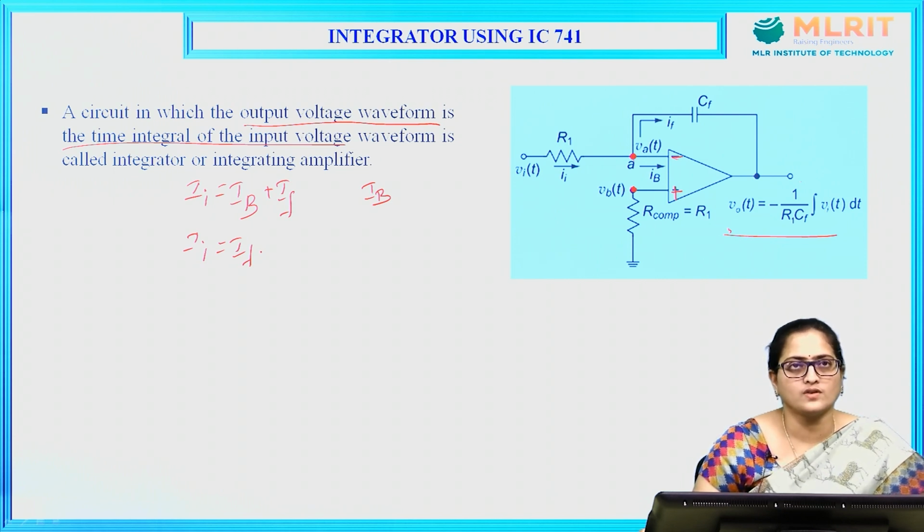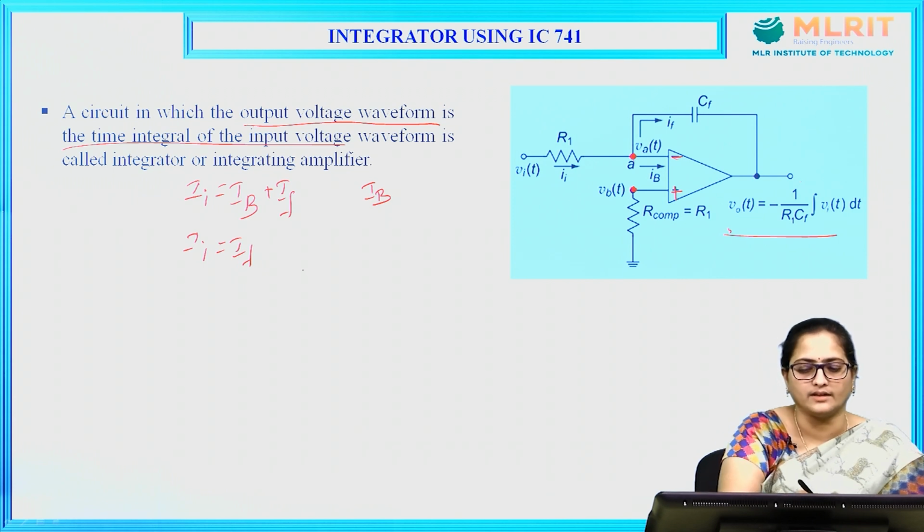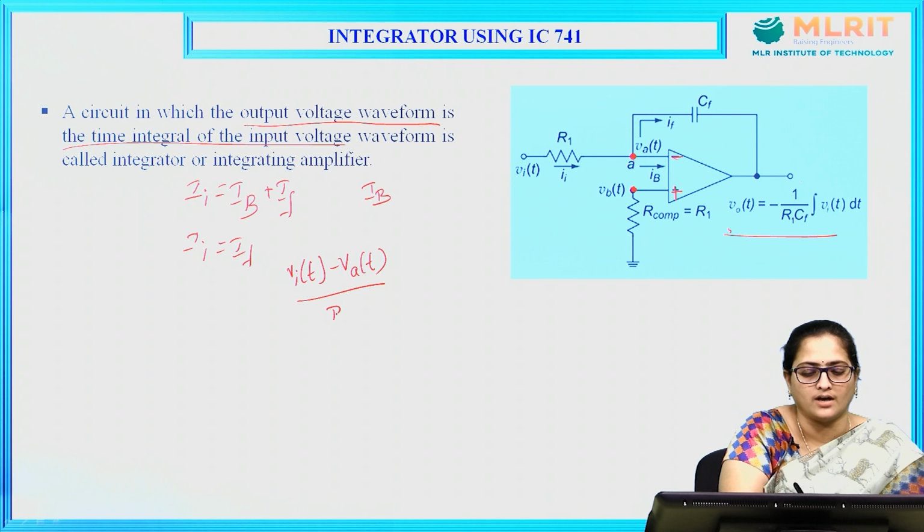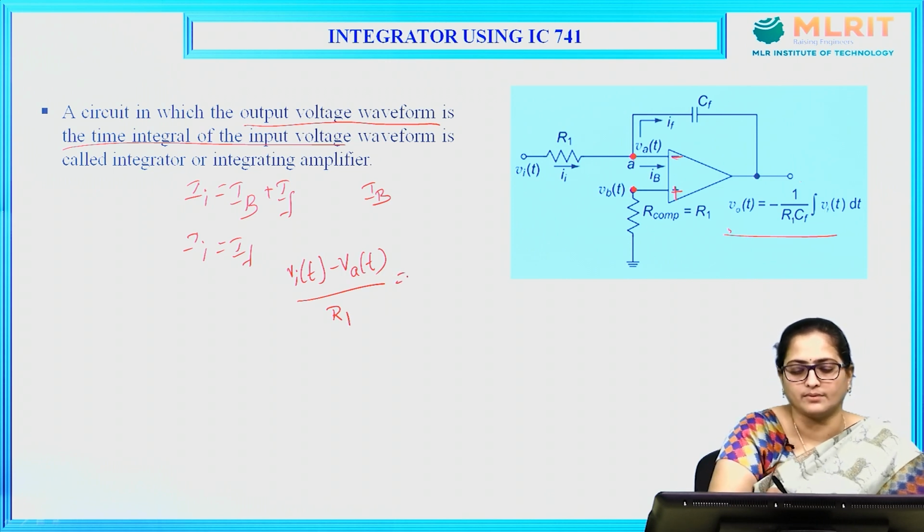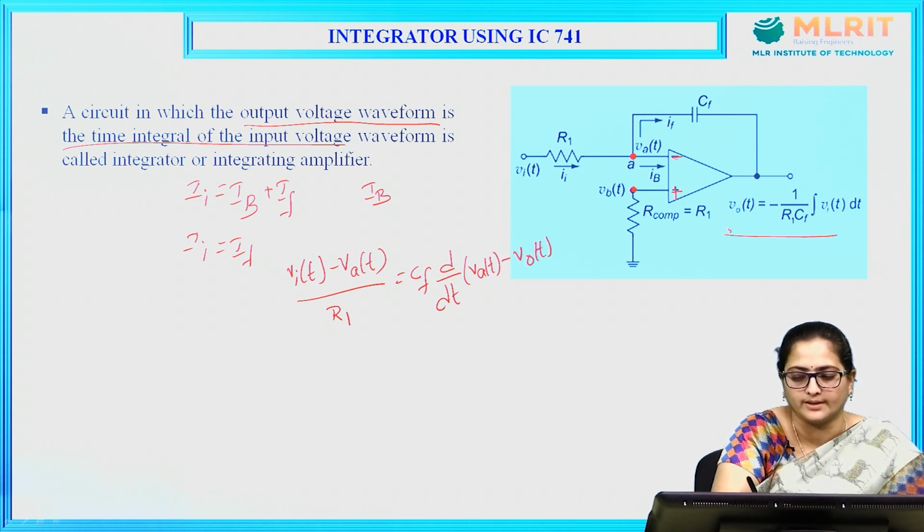The current across the resistor can be written as II equals Vi of t minus Va of t divided by R1, which equals IF, given as CF into d by dt of Va of t minus V0 of t.